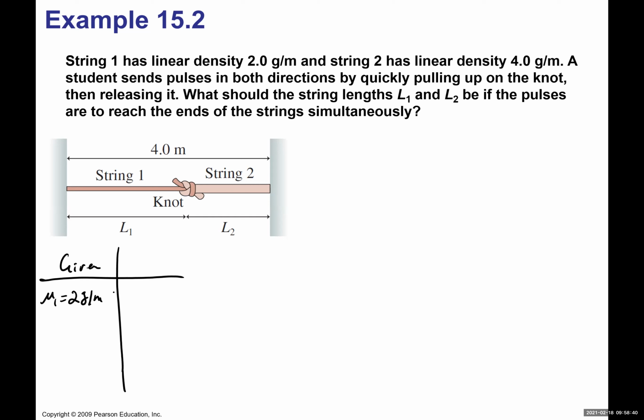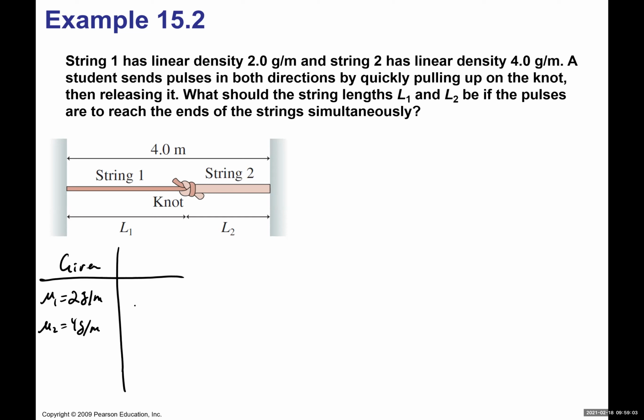I'm going to keep it in grams, and I'm going to explain why in a little bit. Mu2 is 4 grams per meter. Those are the linear mass densities for strings 1 and 2. Now, one thing we have here is this. If you remember, I mentioned that the speed of the wave is different depending on how heavy the string is.